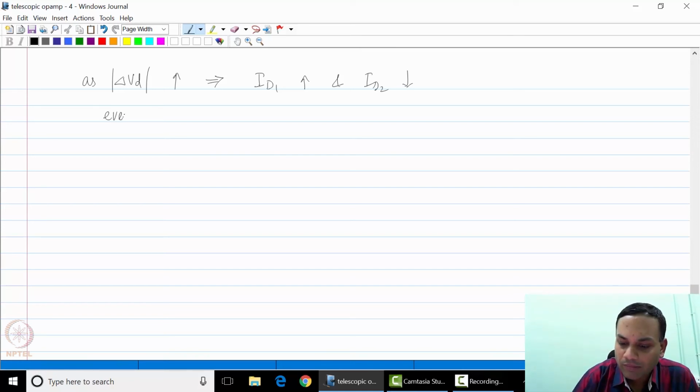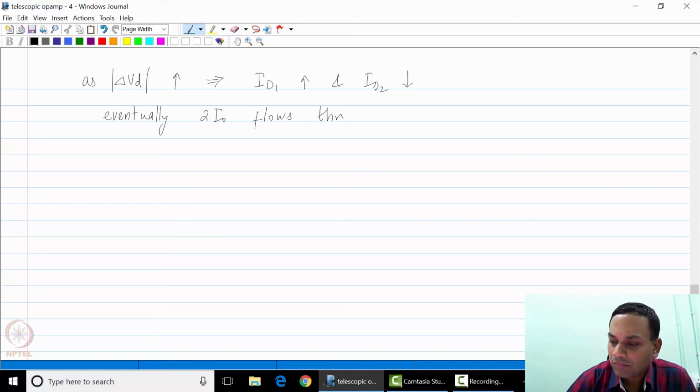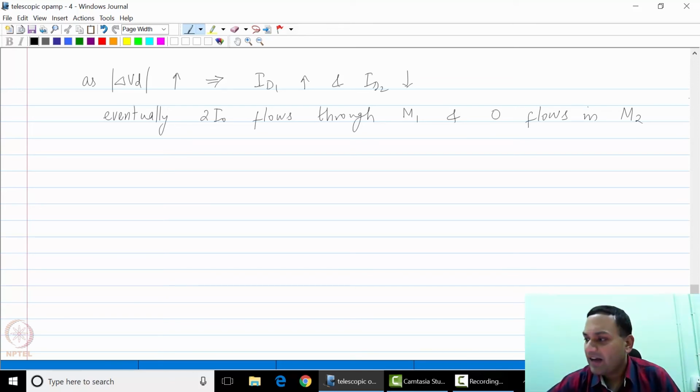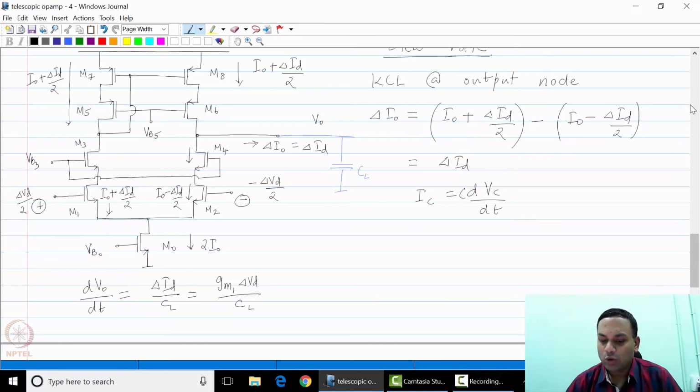Eventually, 2 I naught current flows through M1 and 0 current flows through M2. So all the current has shifted into transistor M1.